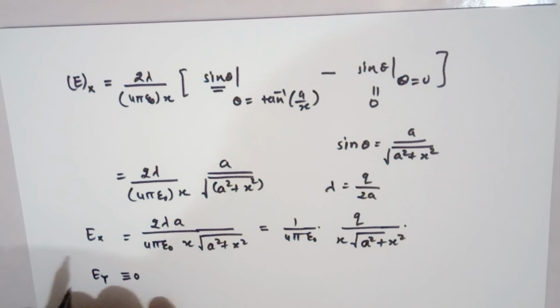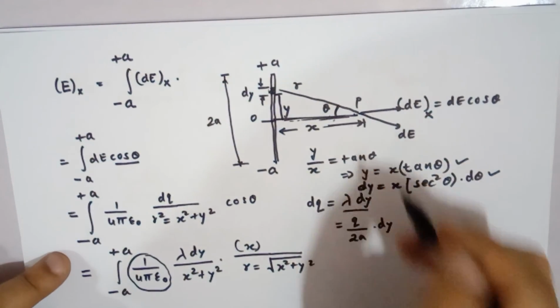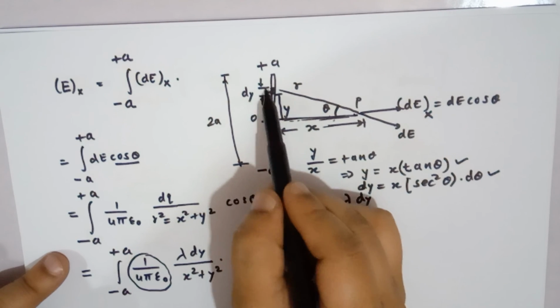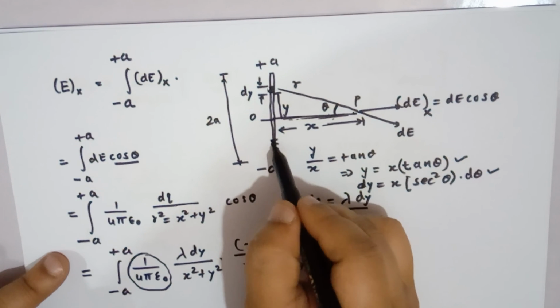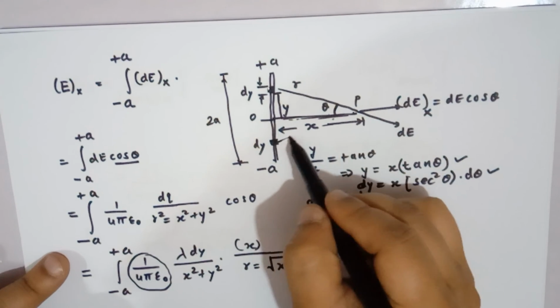That is very easy to see. The electric field we found earlier was because of the element dy on the upper side. Similarly, suppose there is another element dy in the lower portion; it would also exert an electric field.